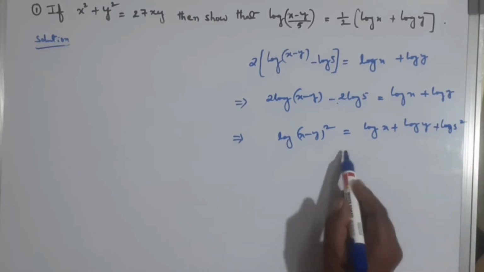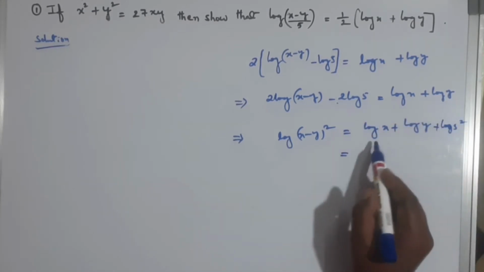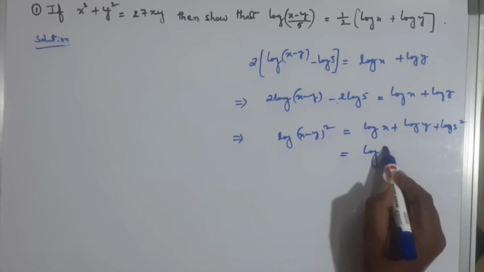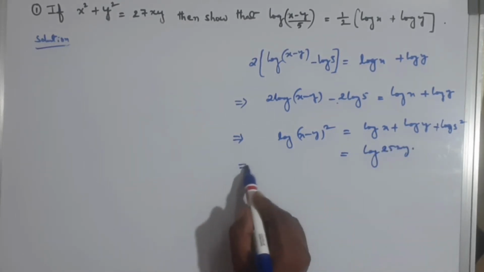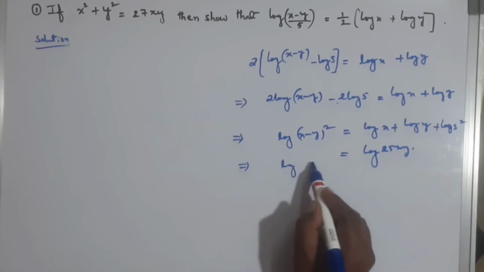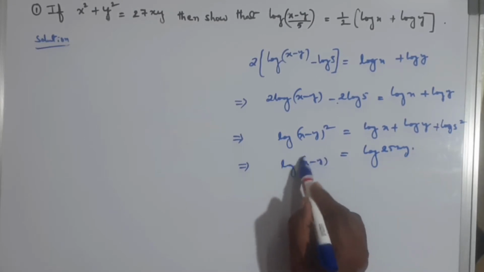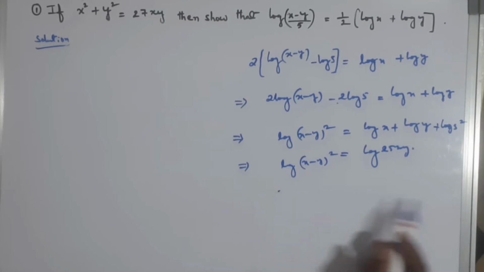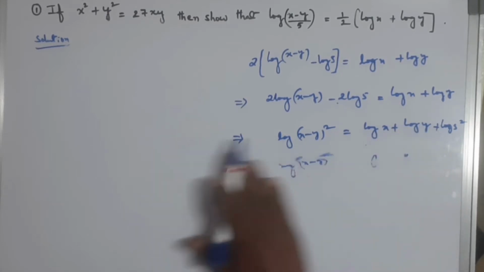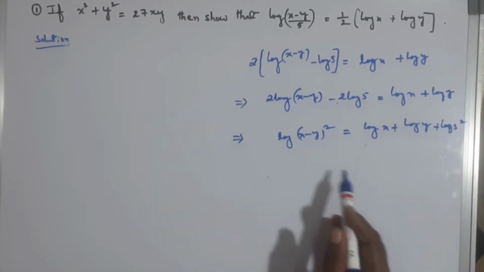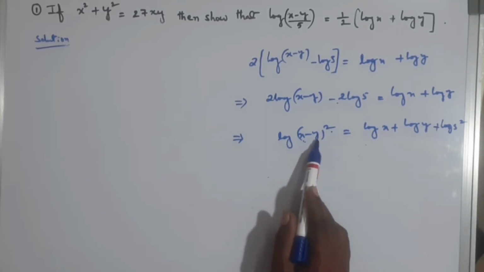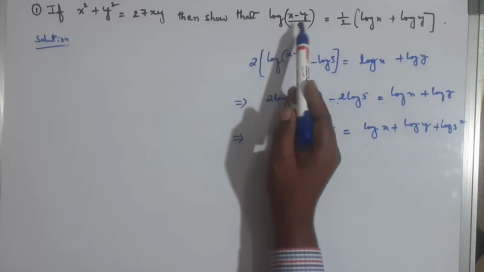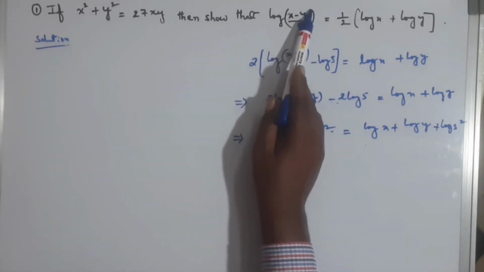What is log 5 square? This whole I can write log of 25xy. Log of (x minus y) whole square. So there is no need to solve up to here. You see, what do you understand? It is (x minus y) whole square, (x minus y) whole square. Here only you can understand (x minus y) whole square.